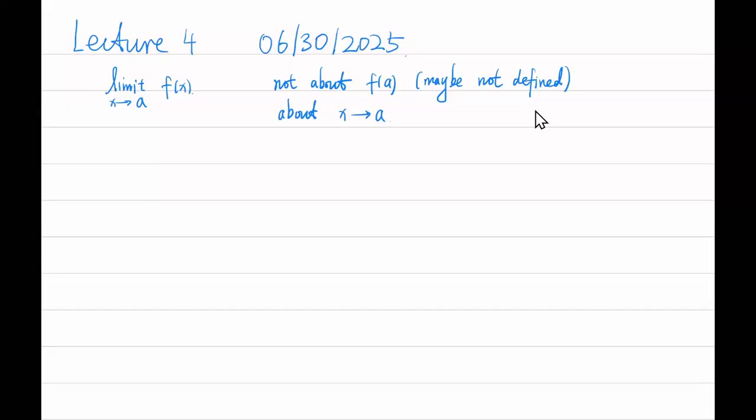This is just the limit. It is to find the derivative.